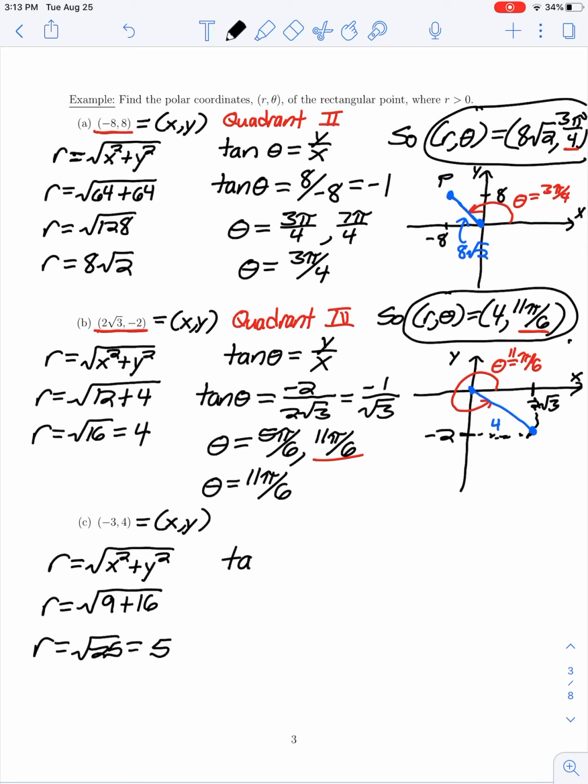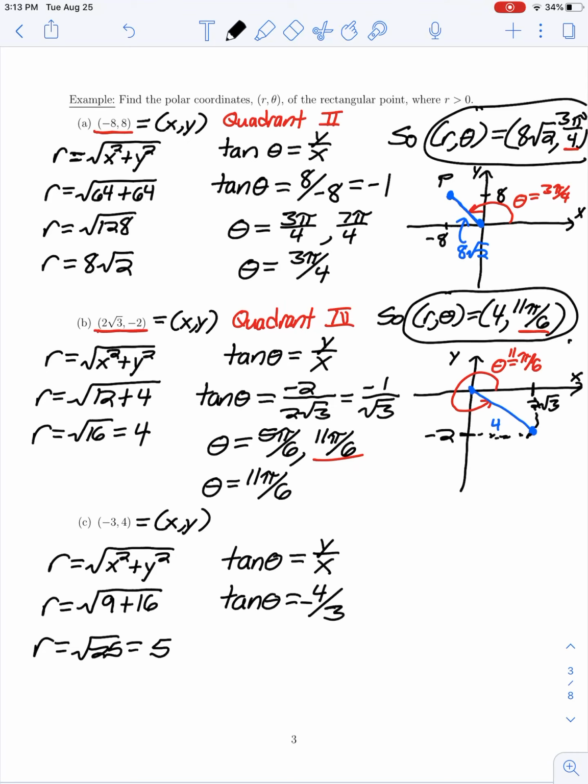So to find theta, we use the fact that tangent of theta is equal to y over x. So in this example, tangent of theta is 4 over negative 3, or negative 4/3.